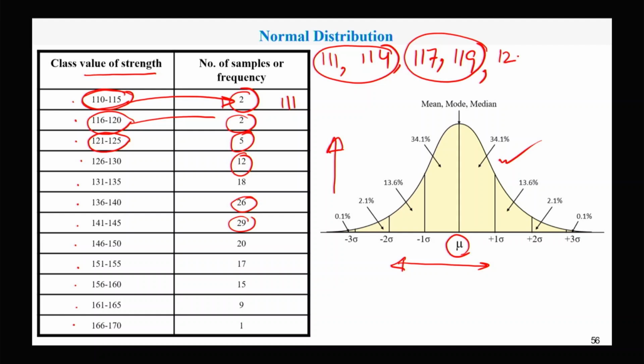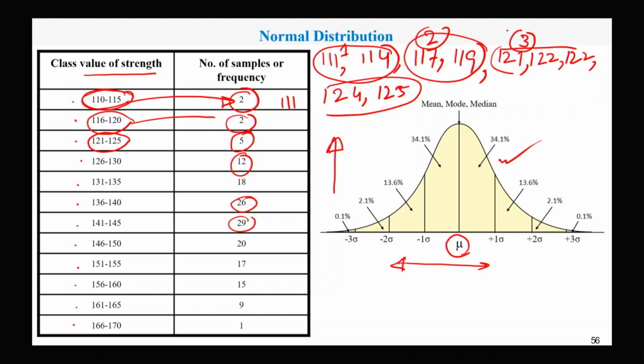So say 121, 122, 122, 123, 125. These 5 data are in class 3, class number 1, class number 2 and class number 3. Between 126 to 130 we have 12 data.